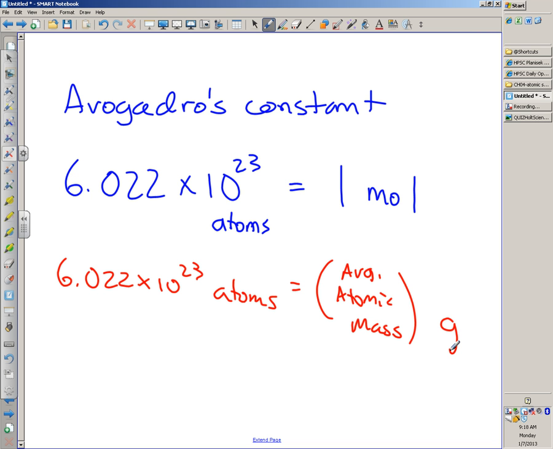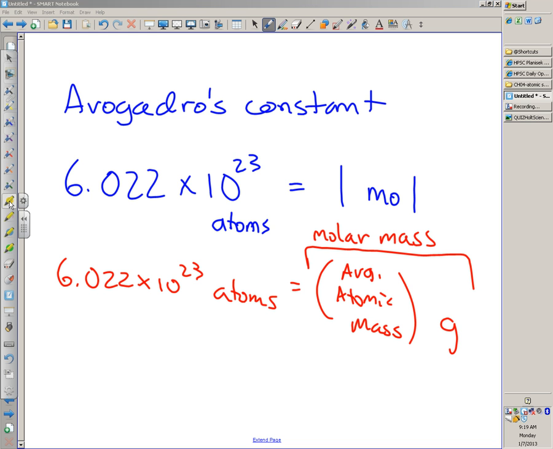Where do you find it out? On the periodic table. Okay? So that decimal number, which is the average atomic mass, if you count out this many atoms, you'll get that number, but it'll be in grams. And we refer to that as, like in the question, what did they refer to that number as? The molar mass. Okay? This value here, we refer to as the molar mass.